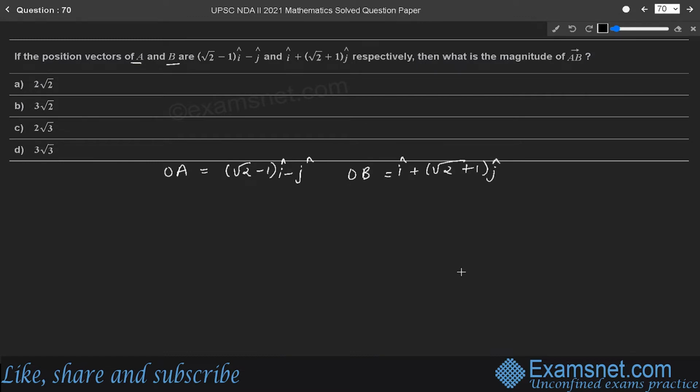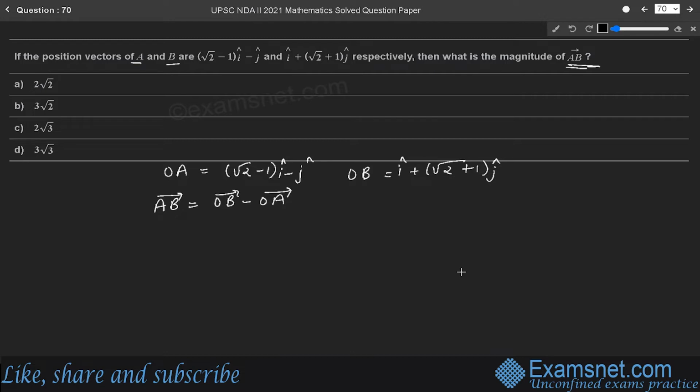These are the position vectors for A and B. We have to find what is the magnitude of AB vector. So magnitude means the difference of the position vectors. AB vector means OB vector minus OA vector.